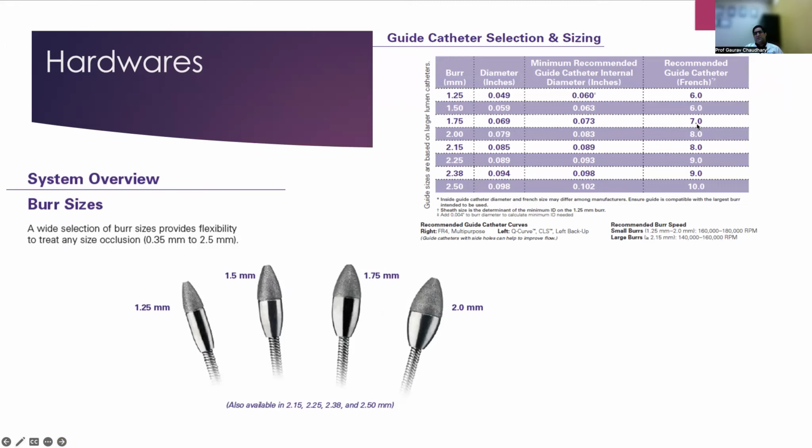This is very important, because now we are not using debulking, we are using a modification technique, and we can go even up to a 0.6 or 0.5 ratio of the artery. Suppose we are taking a 3 millimeter artery that is calcified, then we can take a 1.5 burr, and for this 6 French, even the radial route can be good.